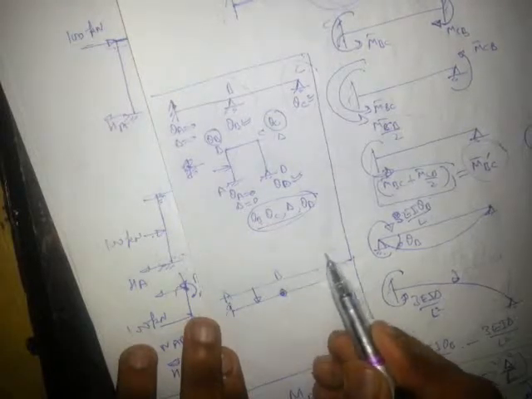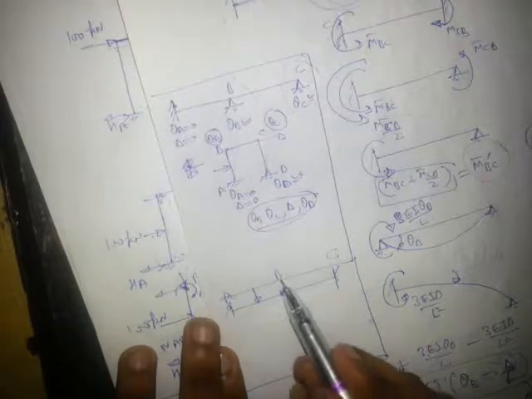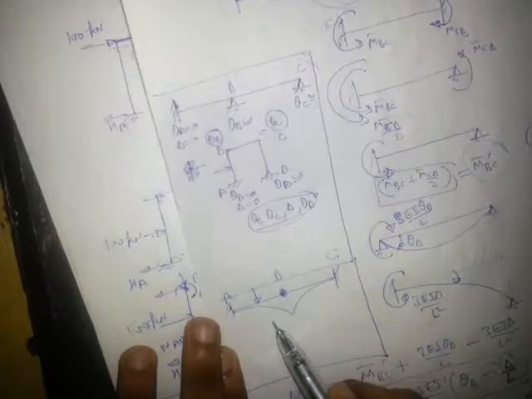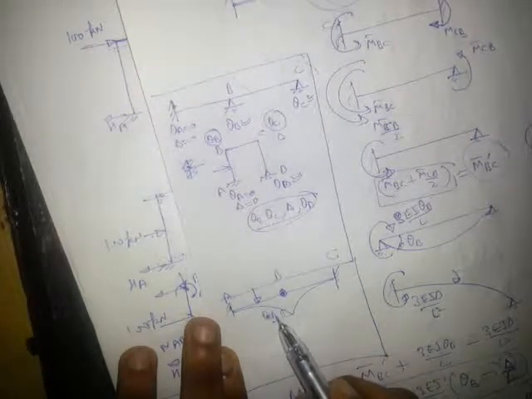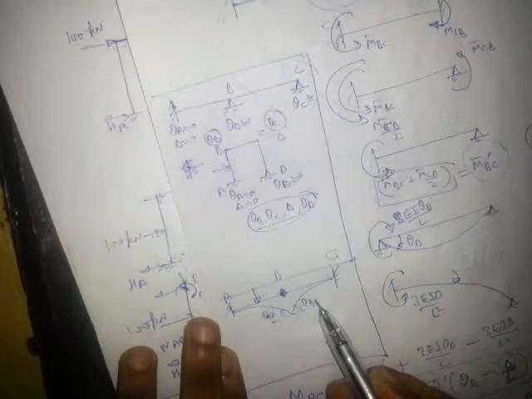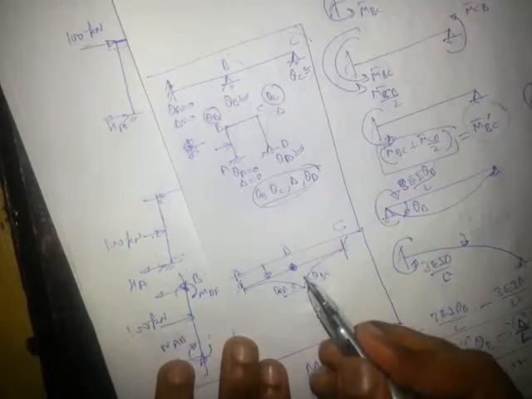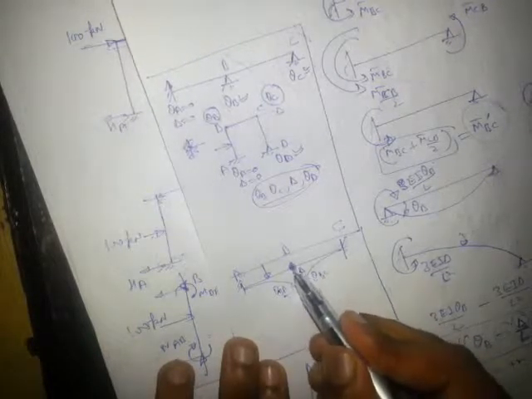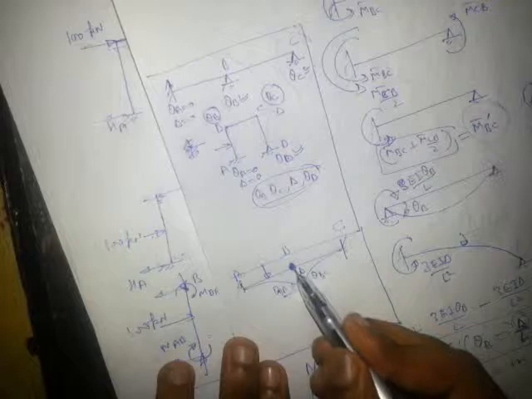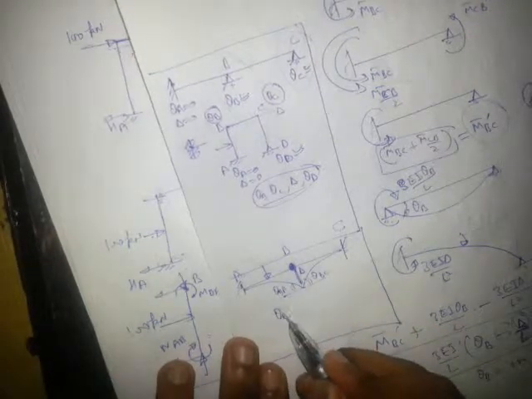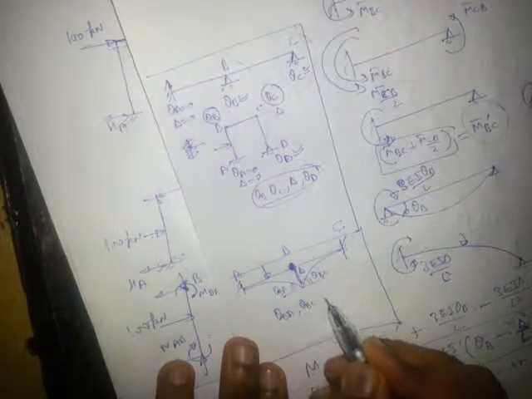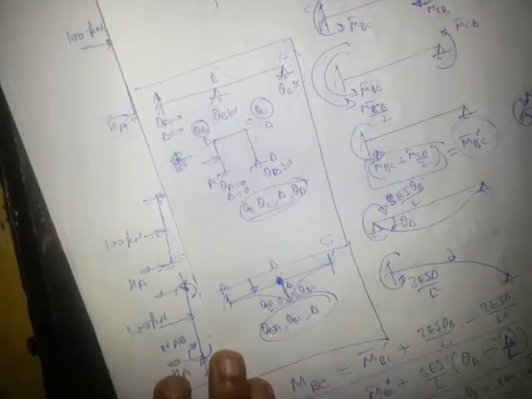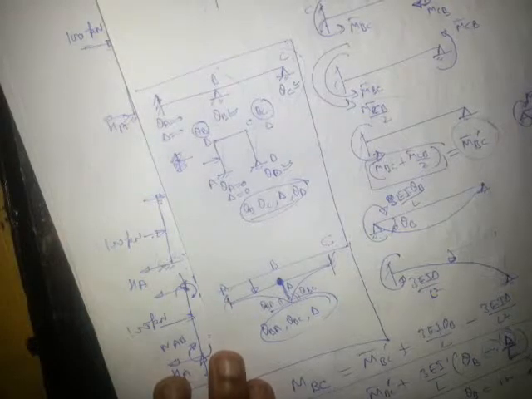This is A, this is B, this is C. One will be theta BA and the other will be theta BC, like this. And there will also be this delta, because if we are assuming this as a joint, then the sway of this joint is an unknown. So the unknowns will be theta BA, theta BC and delta. If we are not assuming it as a joint, there will be no delta present, right?